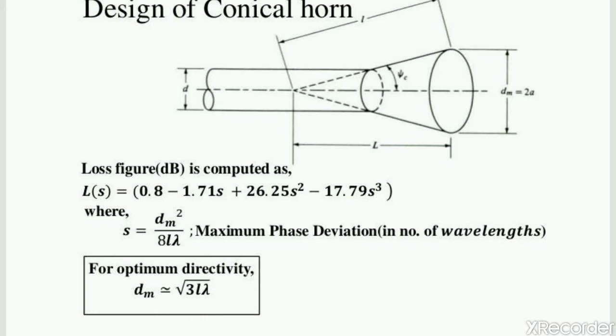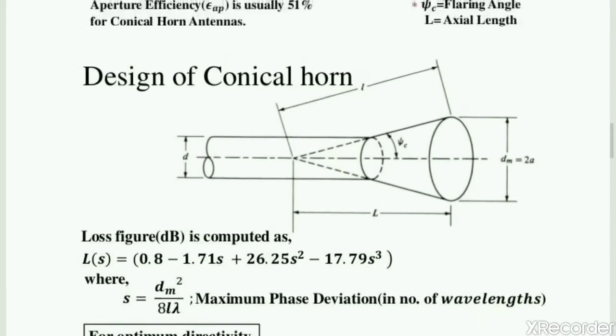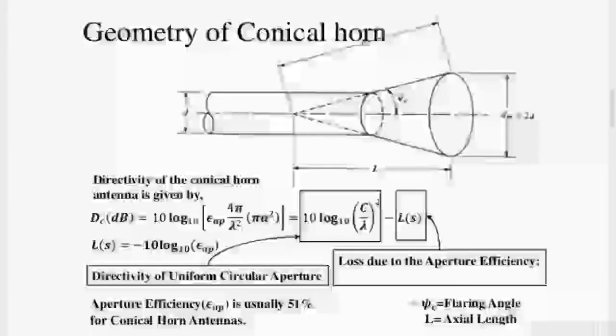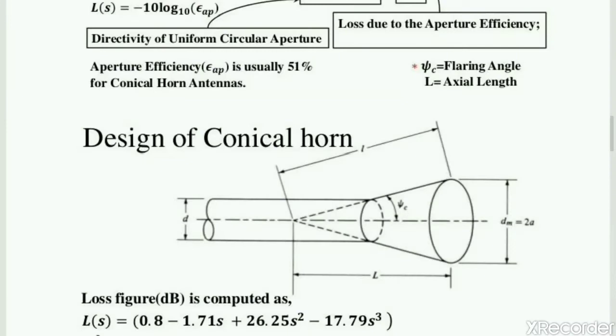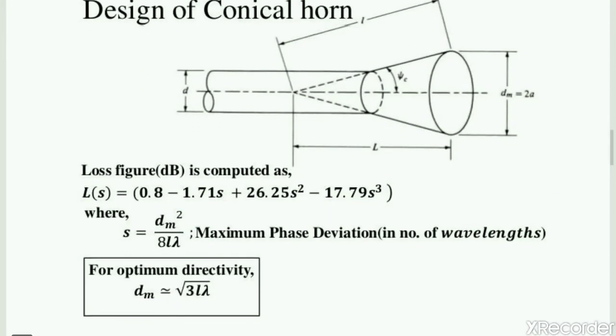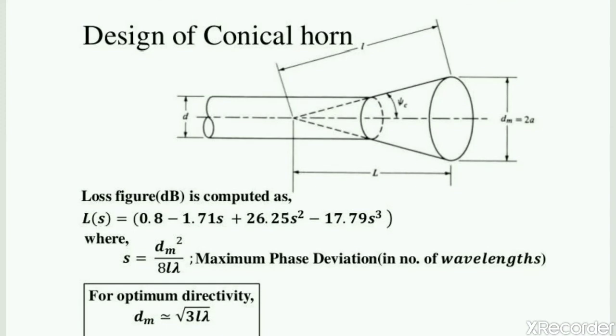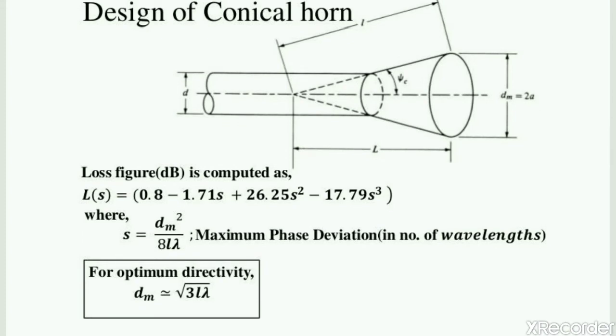We can see from this figure, also shown in the last figure in the geometry of conical horn, dm is equal to 2a, where a is the radius of the aperture, or we can say cross section. So s is the maximum phase deviation, which has the formula dm squared upon 8 l lambda.